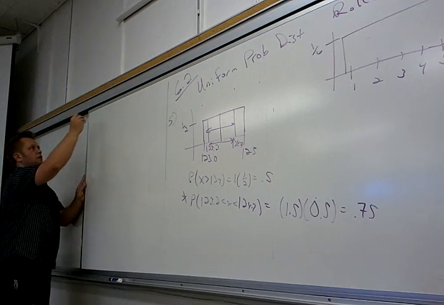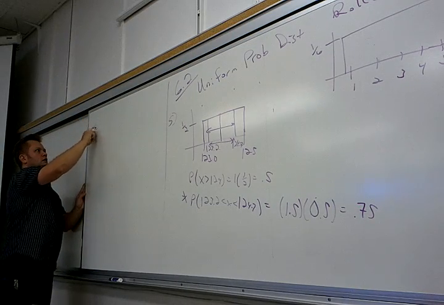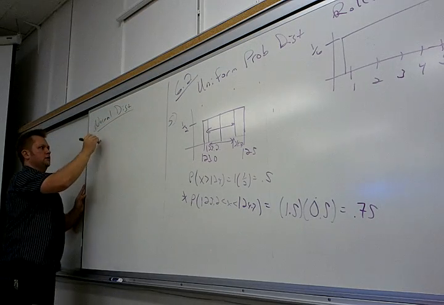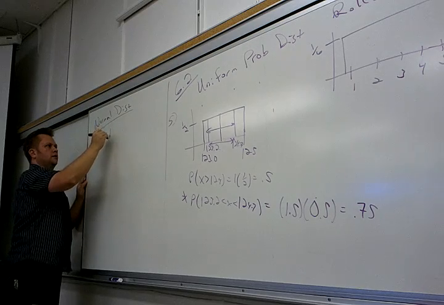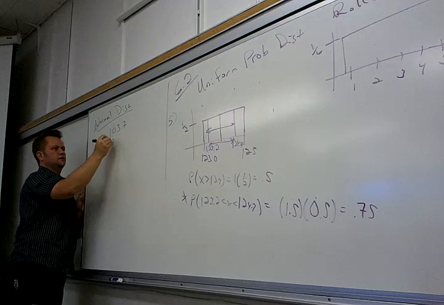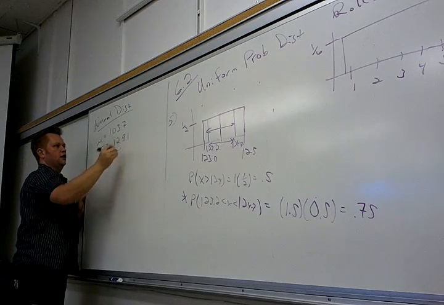So what I want to start with is just a little review. If I have a normal distribution, let's say the mean is 103.7, and the standard deviation is 12.91.